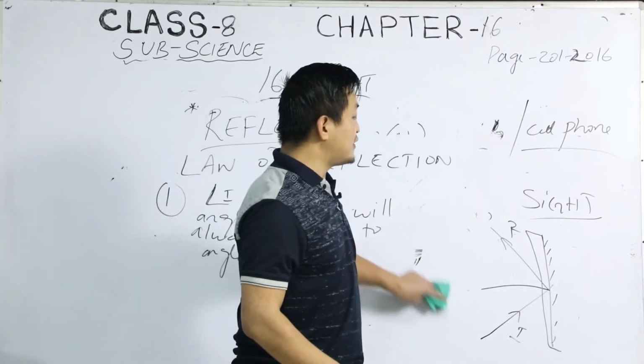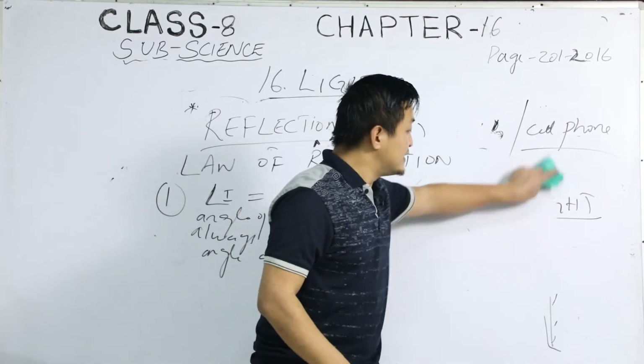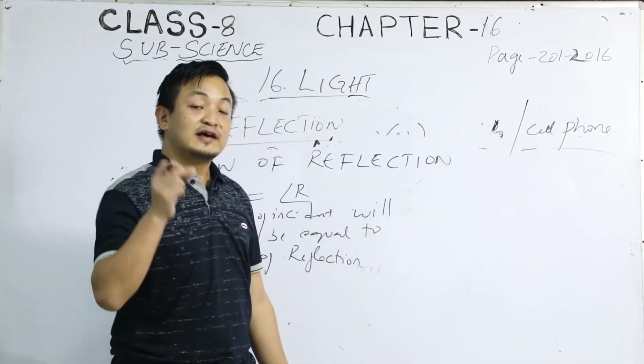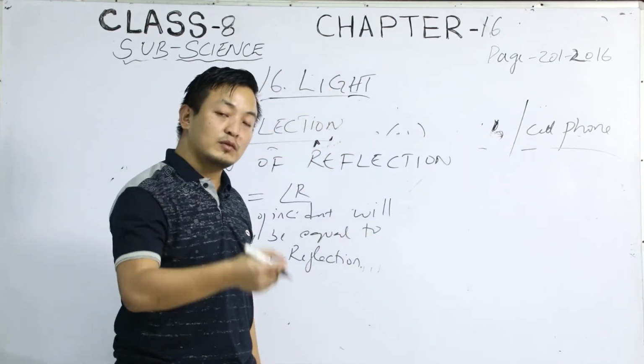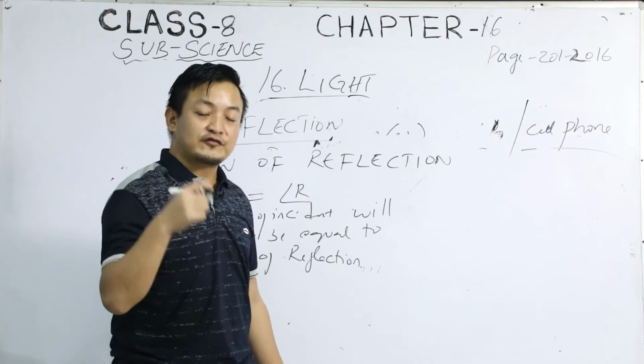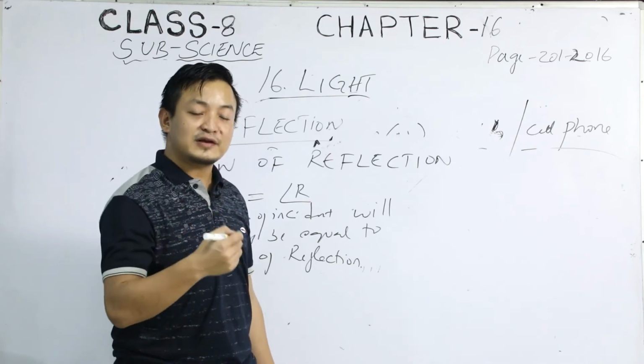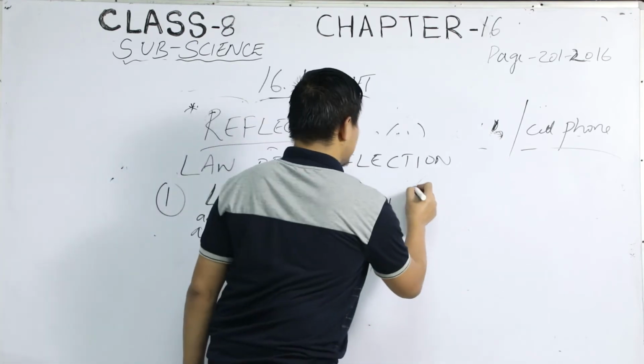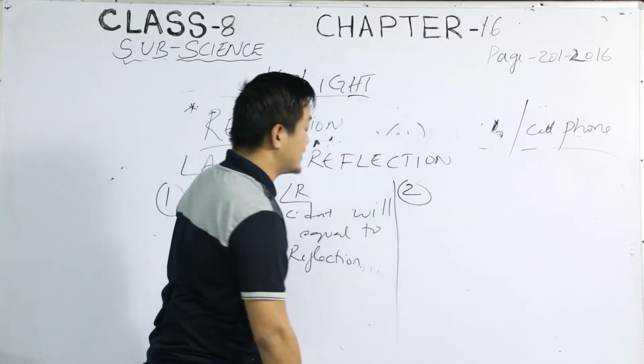Now let's discuss the second law. I have just now explained that the incident ray, the normal to the point of incidence, and the reflected ray all lie in the same plane, right? So that is the second law of reflection. I'll write it over here.